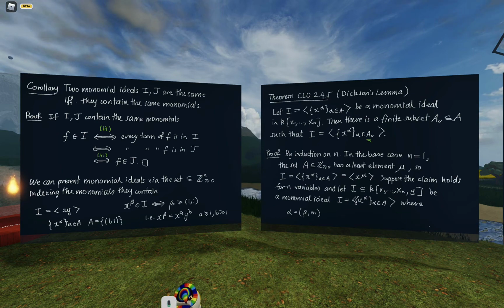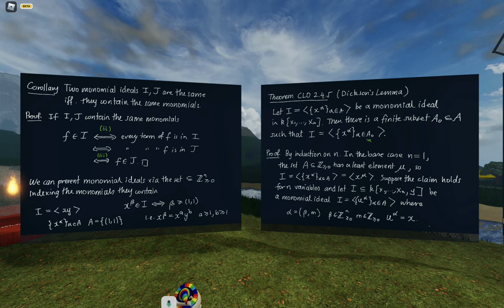Beta gives me all the powers of the x variables, so that's n, and m is the power of the y variable, so u to the alpha is going to mean x to the beta, y to the m. We're going to be using this notation a lot, so if this is unclear, please let me know.